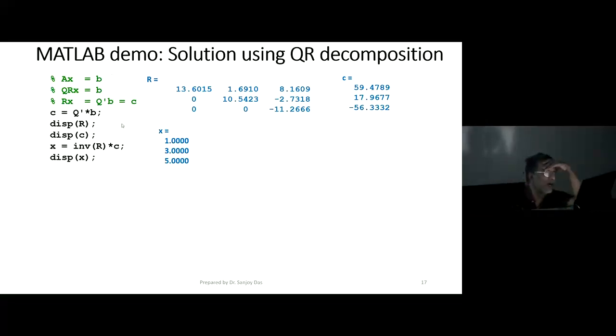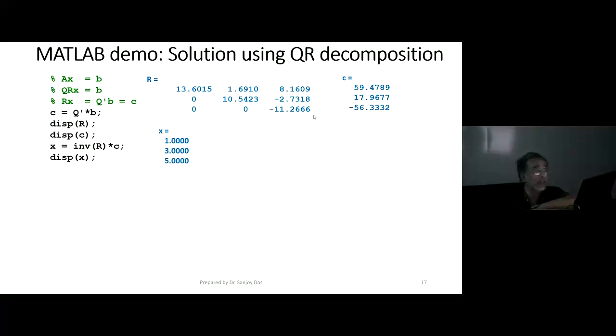This is the R, and that's the same as Rx equals Q transpose B. C is Q transpose B. So this is my C, and this is my R.